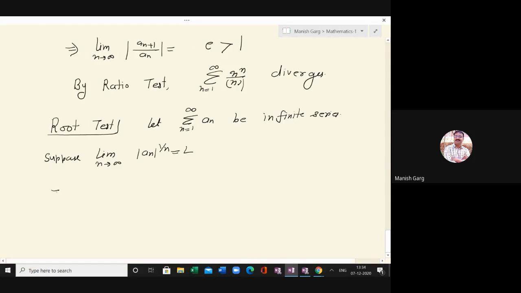So it says, in the first case, if L is less than 1, then the series sum of a(n) converges.